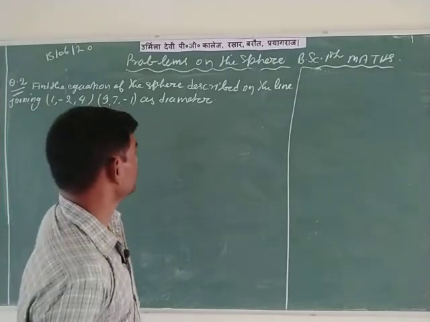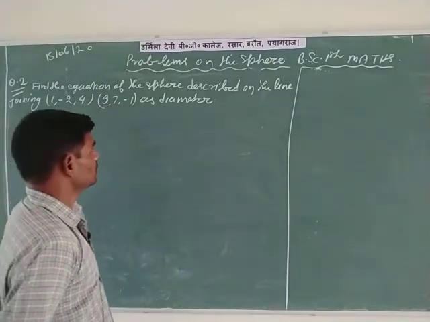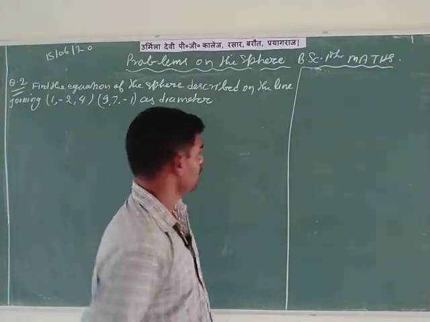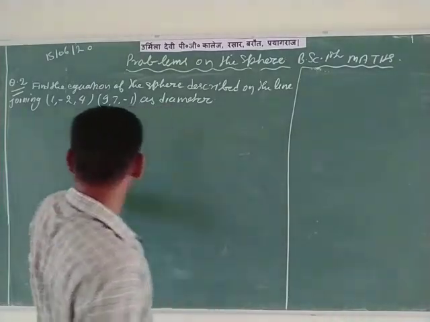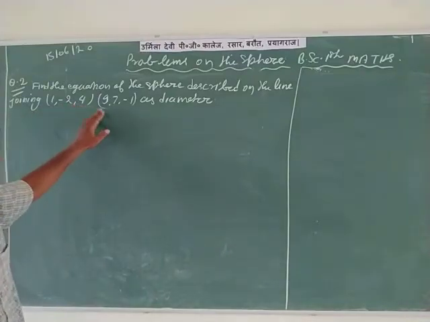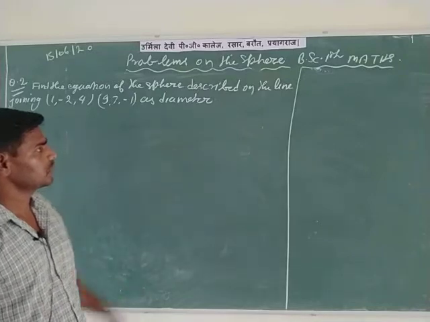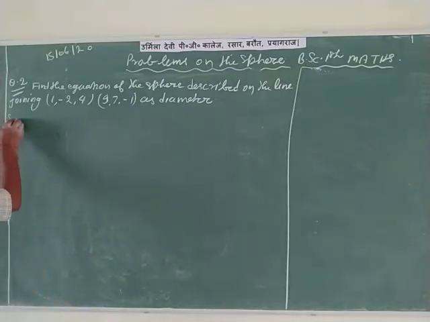That means find the equation of a sphere whose end points of the diameter are the first point 1, minus 2, 4 and 9, 7, minus 1.